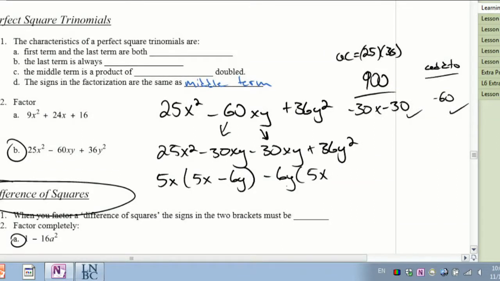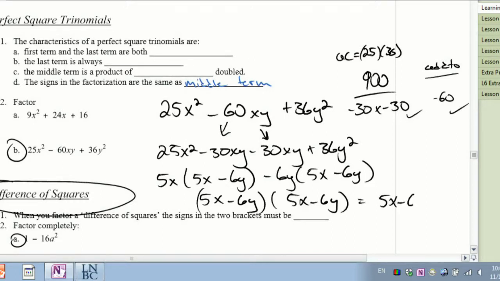Oh, I can pull a 6y. 5x minus 6y. So I end up with 5x minus 6y and 5x minus 6y, which I can write as 5x minus 6y squared. So the decomposition method that I showed you guys, it works for these.